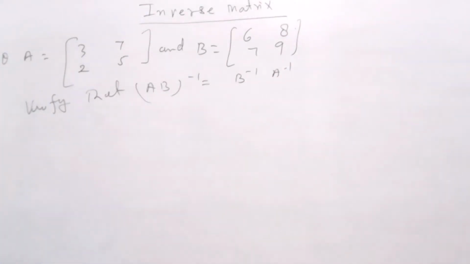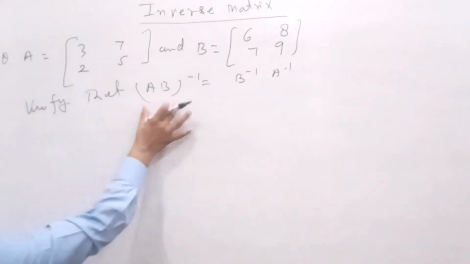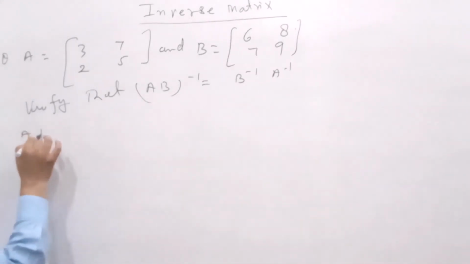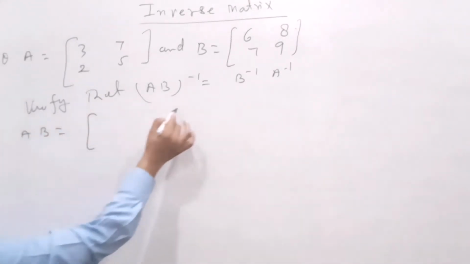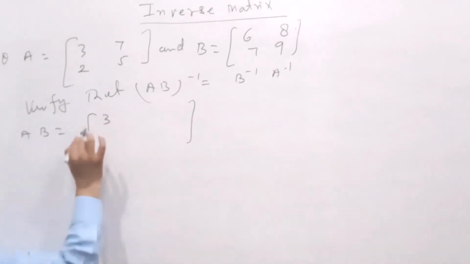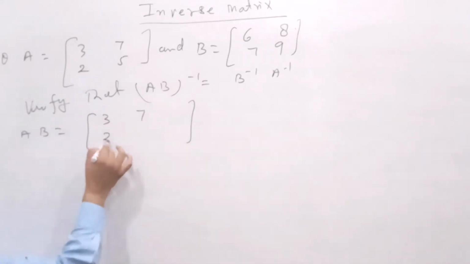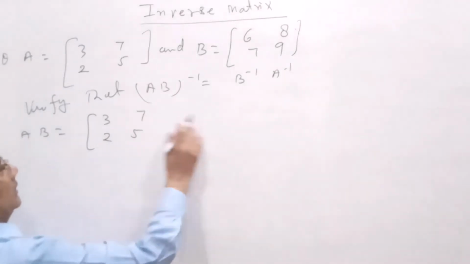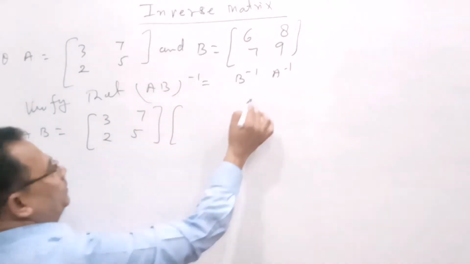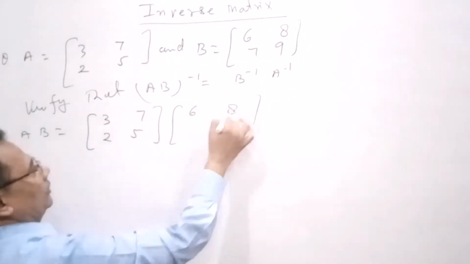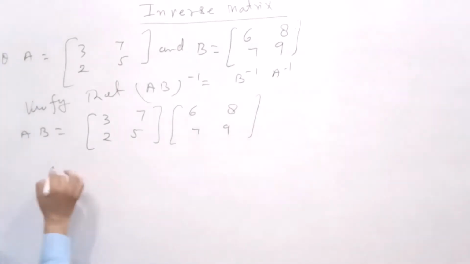नाउ फर्स्ट ऑफ ऑल वी फाइंड द लेफ्ट हैंड साइड, और लेफ्ट हैंड साइड में हमारा प्रोडक्ट ऑफ द मैट्रिक्स A और B, दैट इज 3 7, 2 5, and the matrix B is 6 8, 7 9.